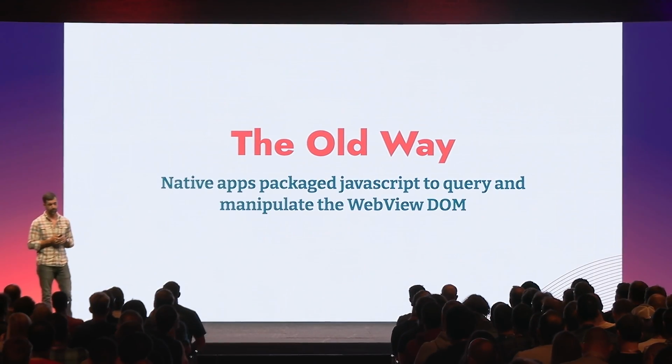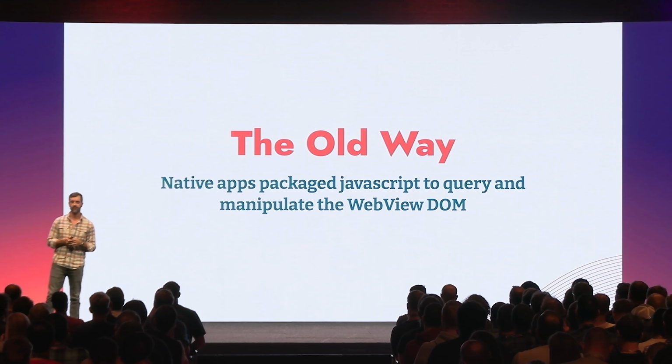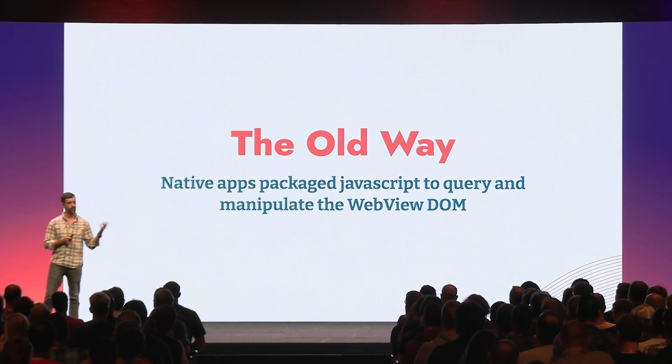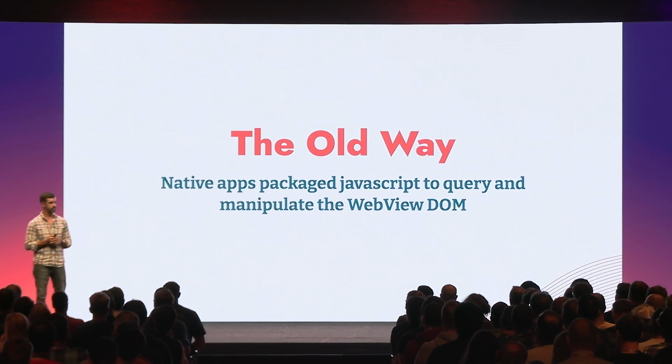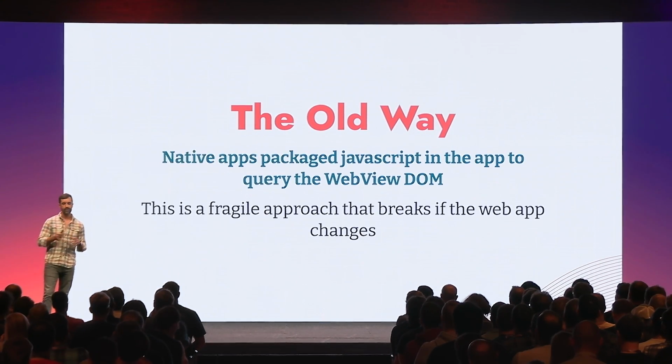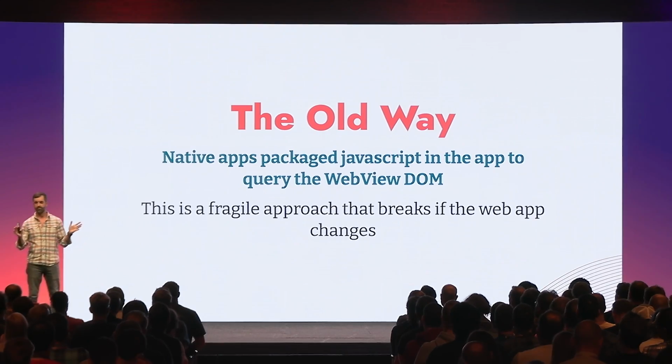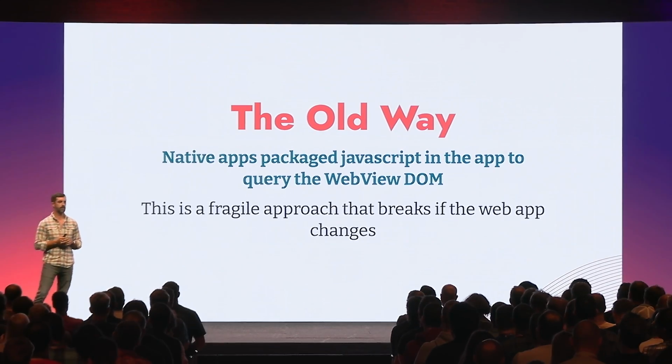One thing we did was package app-specific JavaScript within our native apps to manipulate and query the web view DOM. This is a really fragile approach, and it would break if we ever changed the web app. Your web app, you may change it really frequently, and so this is a major problem when the only way to fix a bug is to ship a new app update and wait for review times.